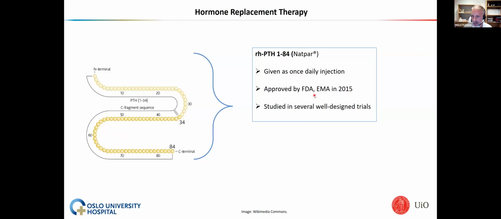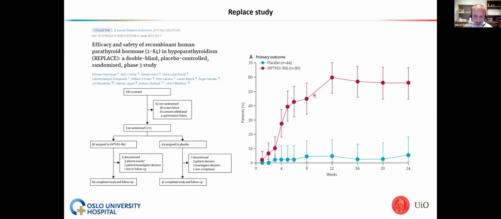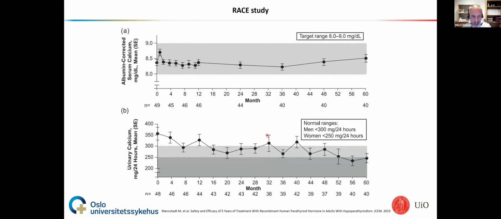Since about 9 years ago, we've also had PTH 184 available. It was approved by FDA and EMA in 2015. It's studied in several well-designed trials, among others the REPLACE trial, which showed that over 50% of the patients could significantly reduce calcium and vitamin D. It also has the ability to normalize urinary calcium if you just give it enough time.